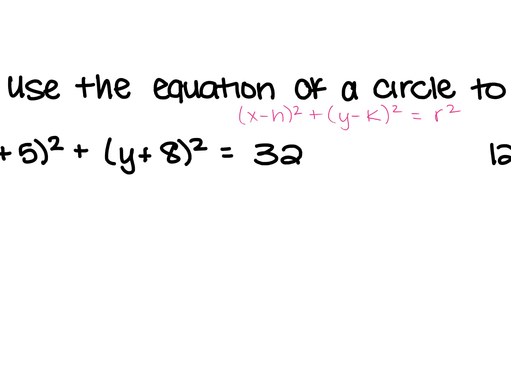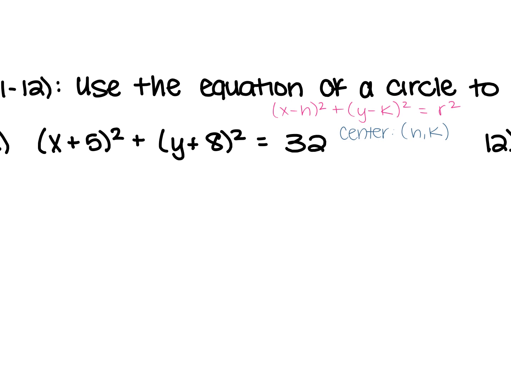Your center is h comma k and your radius is just the square root of whatever r squared is. So if we look at number 11, we have x plus 5 squared plus y plus 8 squared is equal to 32.